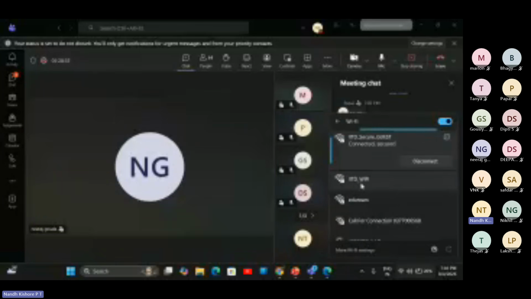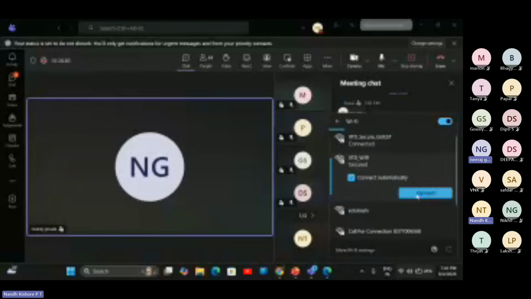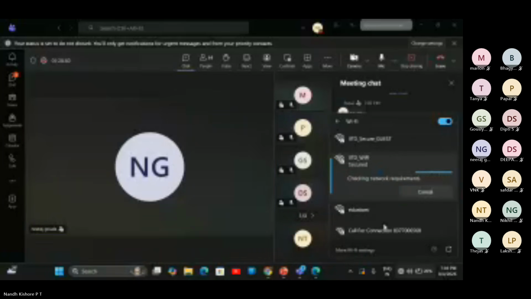So, just a second, I will just change it to my connection. This is really unfortunate.